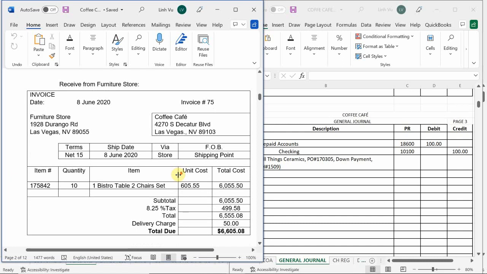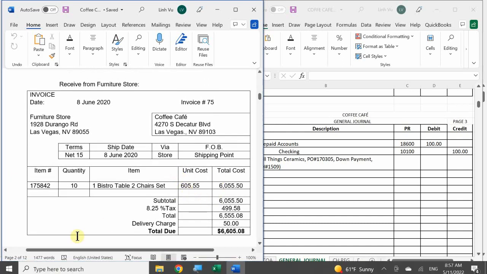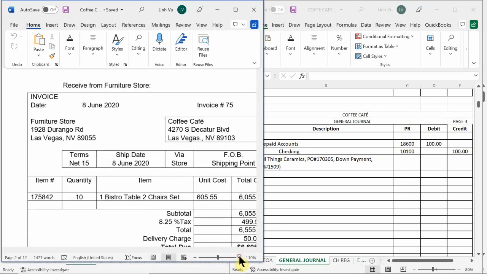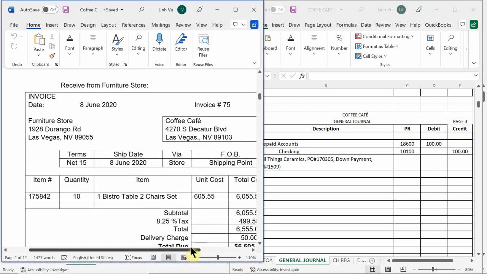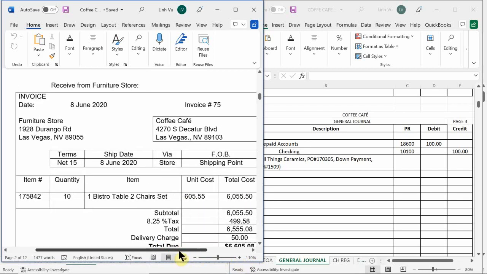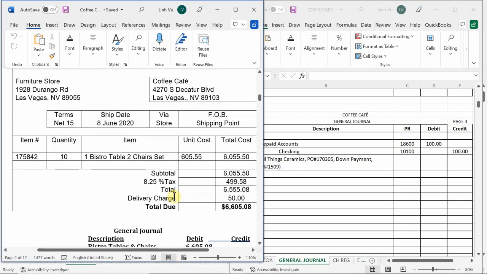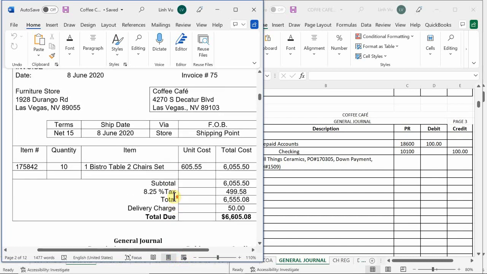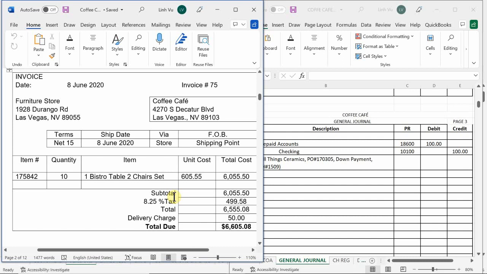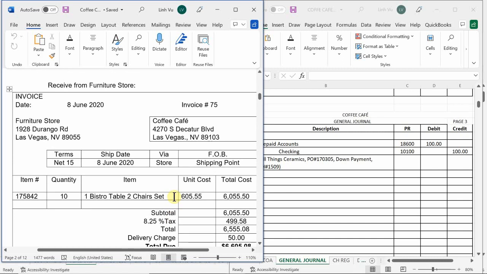One bistro table and two chair sets. Do we have that in our chart of accounts?